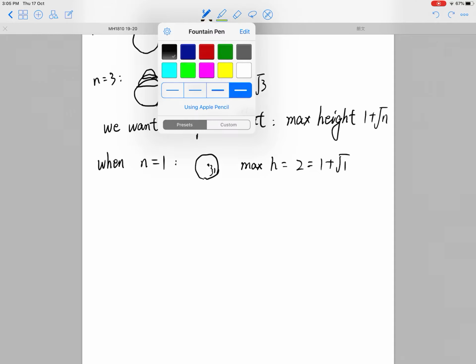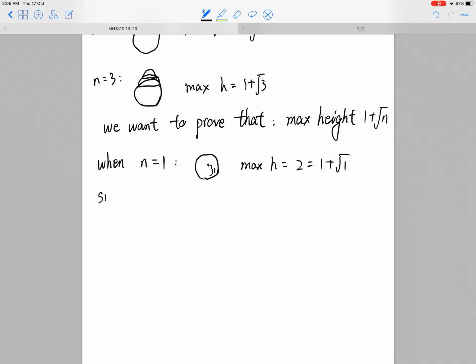Okay, then suppose n equals k is true, right? Which means this part, the maximum height is 1 plus square root of k.